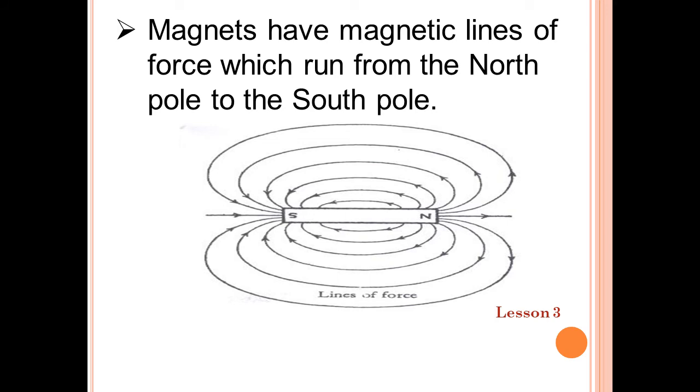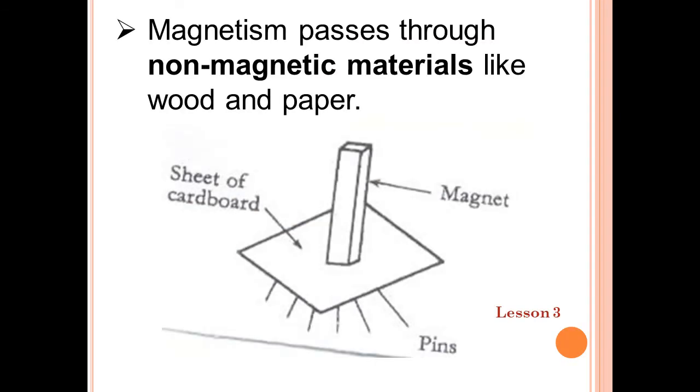Then the other behavior that we have to talk about is that magnetism passes through non-magnetic materials. We all now know what non-magnetic materials are, for example, wood and paper.